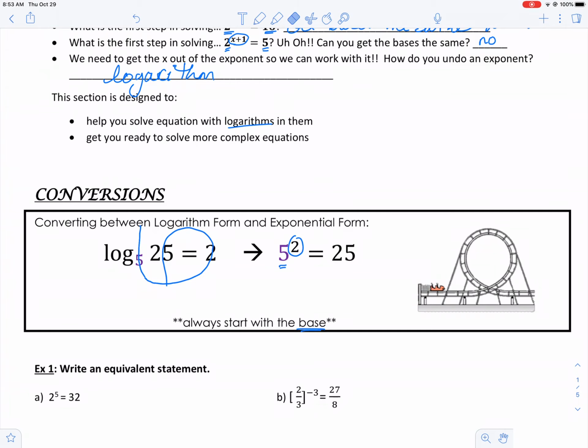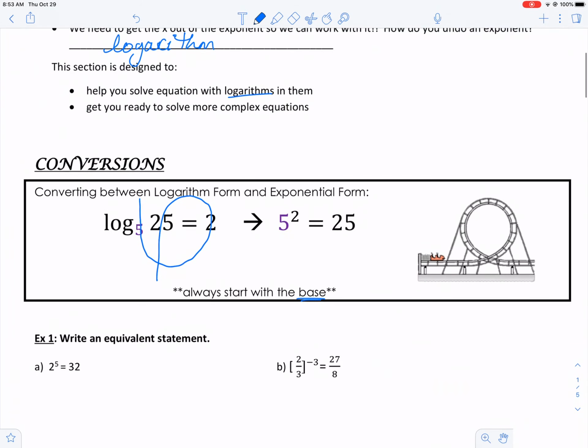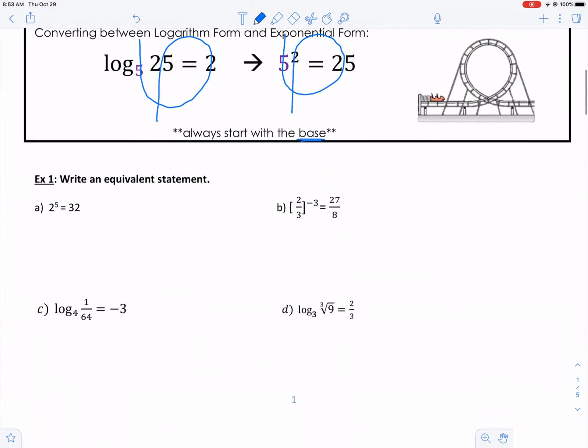Let me do that again because we need to make sure that you understand that. So you're going to say 5 to the second power is 25. Okay? So you need to be able to go backwards where you can say log base 5 of 25 is 2. All right, so we're going to use that.